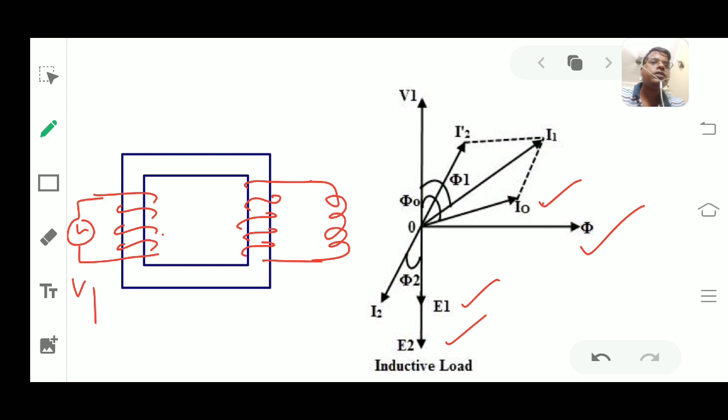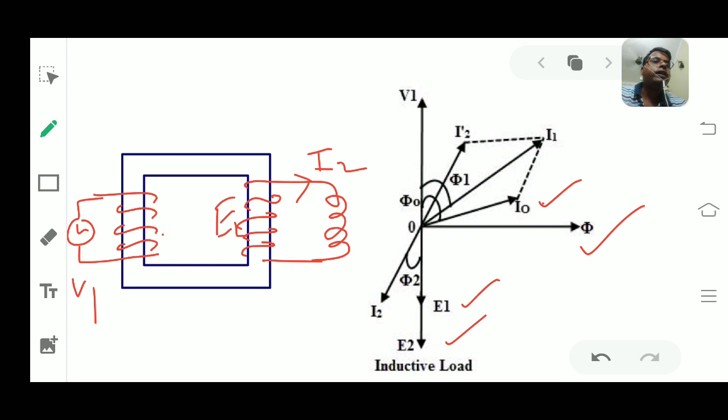This I2 will lag behind the induced voltage E2, by an angle phi 2. Then I2 dash, since it is just opposite to I2, has been drawn here.